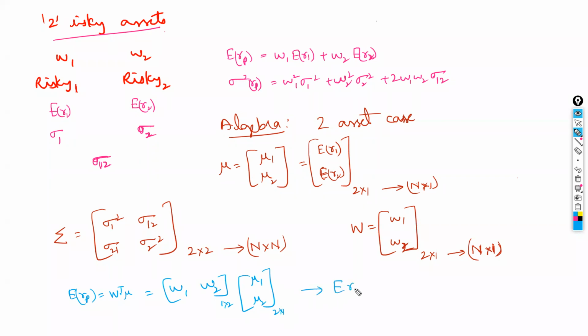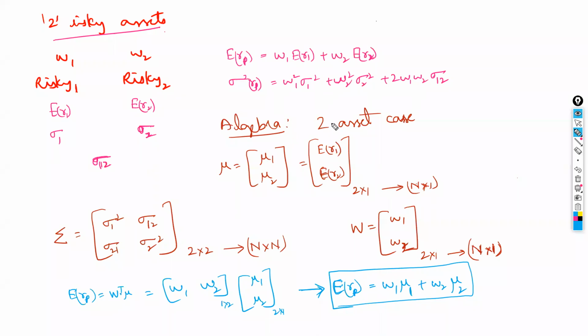And then you get expected return of the portfolio as W1 mu1 plus W2 mu2. This is the expected return of the portfolio. If you have n assets, this will go on, plus, and so on and so forth. This is for expected return.